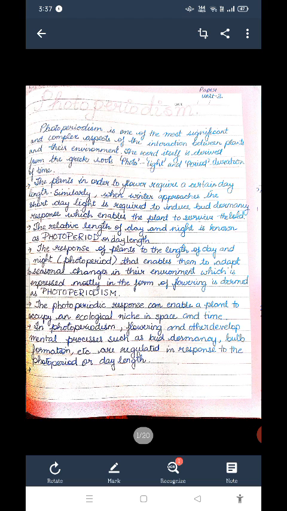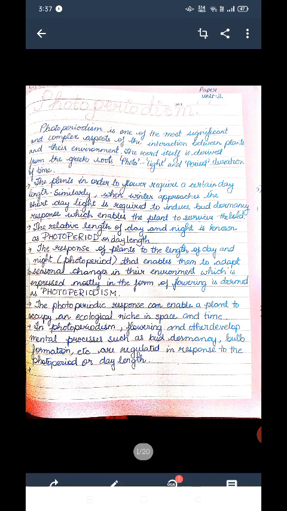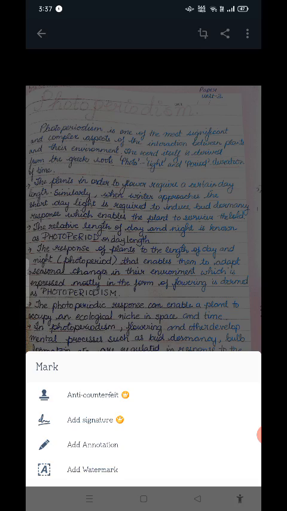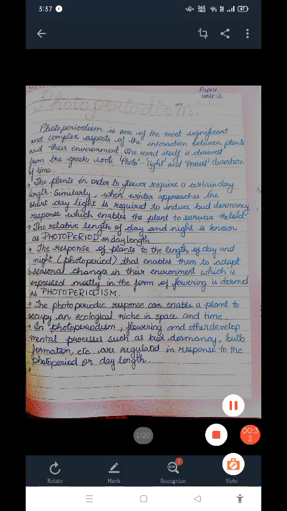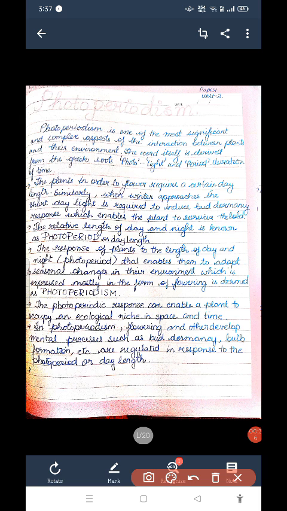For those who have not watched or listened to the video on photoperiodism, we will start with the new topic, which is called photoperiodism. What is the meaning of this term, photoperiodism? Okay, so let us take a look at the meaning of the term photo, and let us see what does the word photo mean.